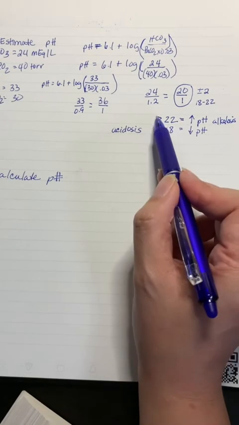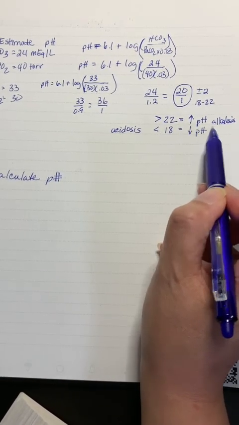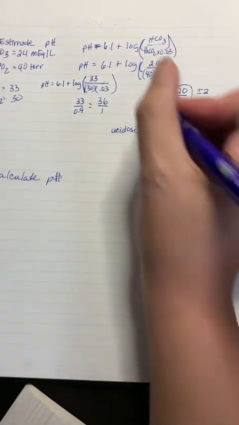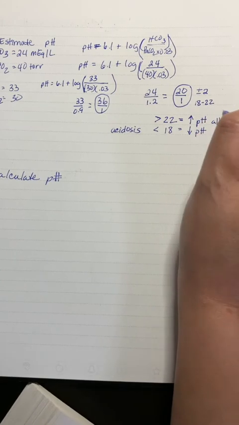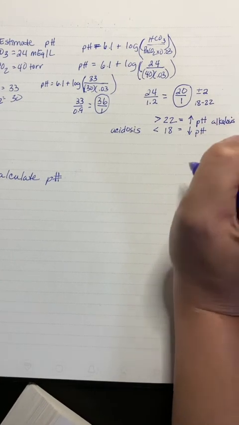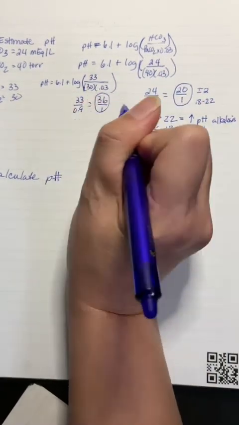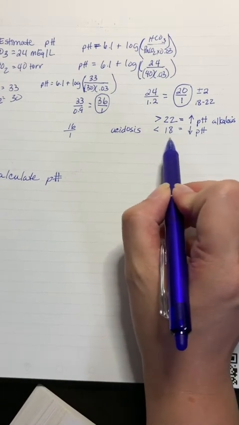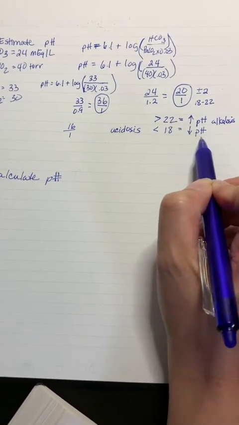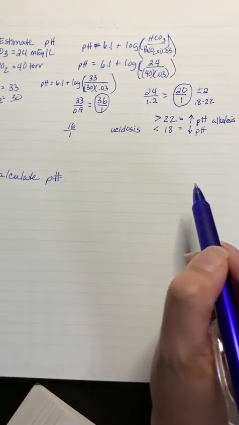If it's greater than 22, your pH is increased, which means you'll have an alkalosis based on this ratio. An increased ratio is an increased pH, which means alkalosis. If your number goes down to 16 over 1, you have less than 18, a decrease in pH, and you have acidosis. So that's how you estimate based on looking at this ratio.